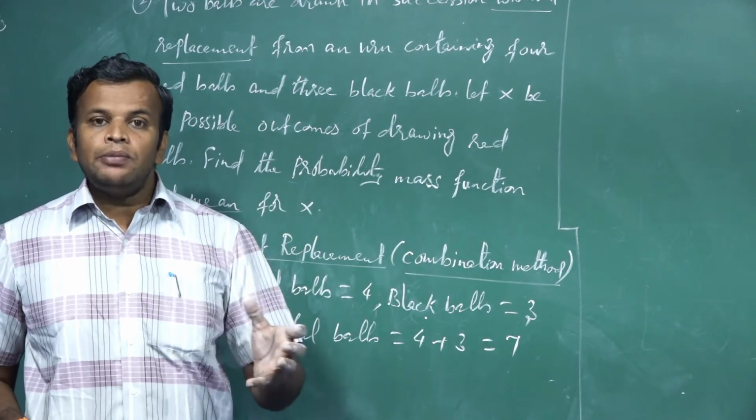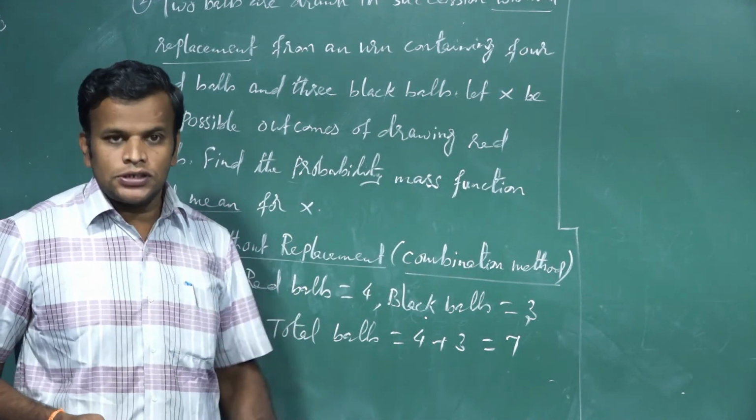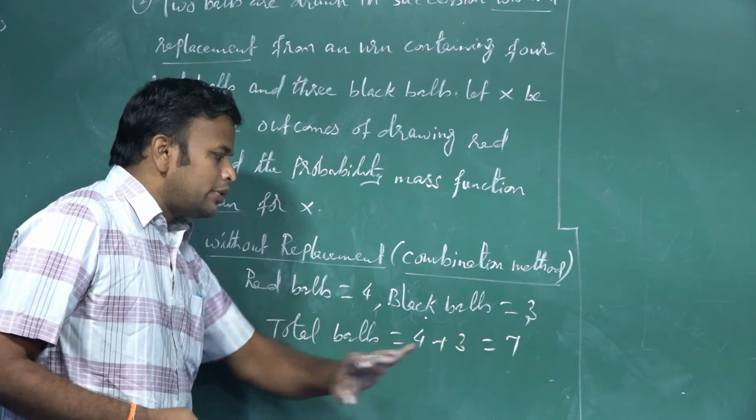suppose a ball may be red, what is the probability? That is the question. The total number of red balls is 4.